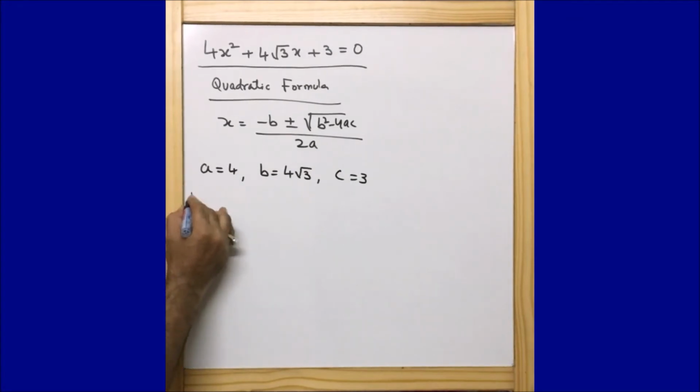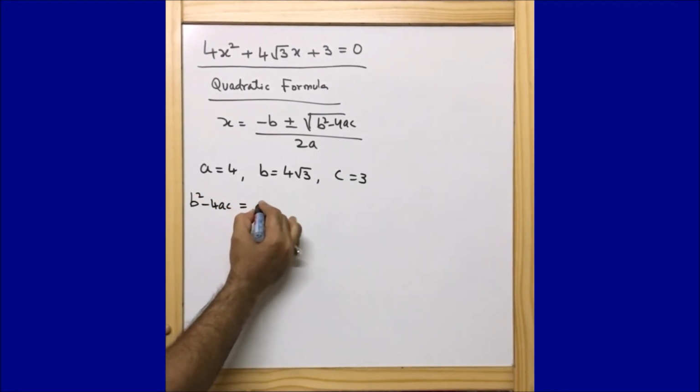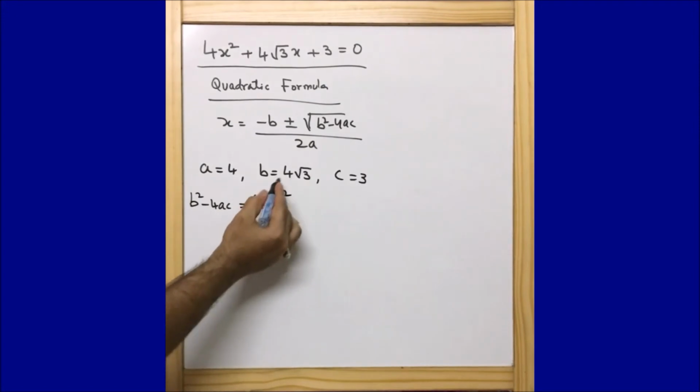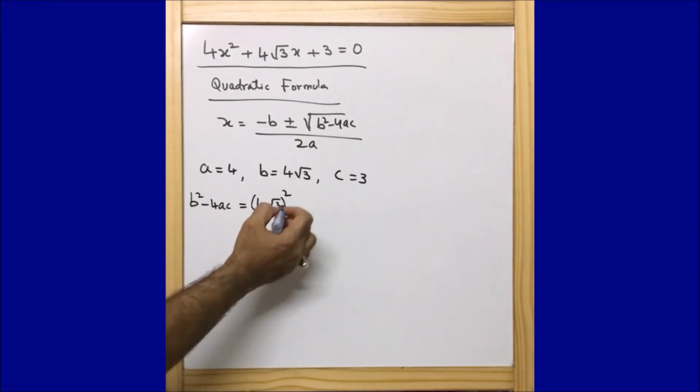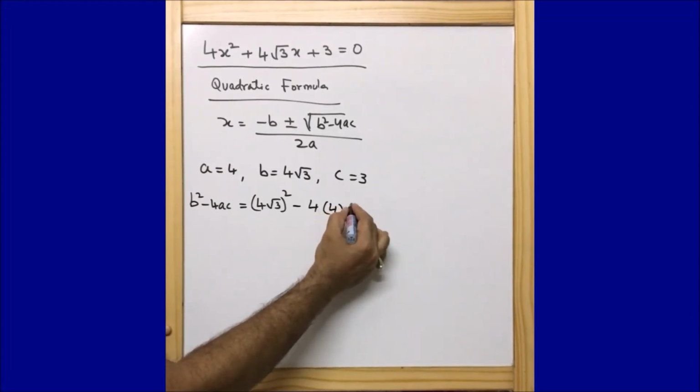Now let us find out b square minus 4ac. Here b is 4 root 3, so I am taking b and squaring it, minus 4 into a value, which is 4, and c value, which is 3.